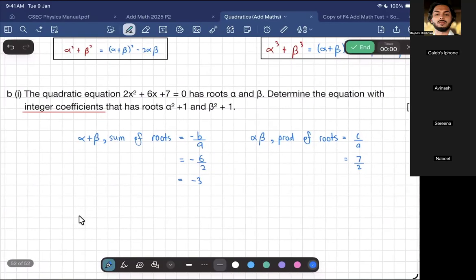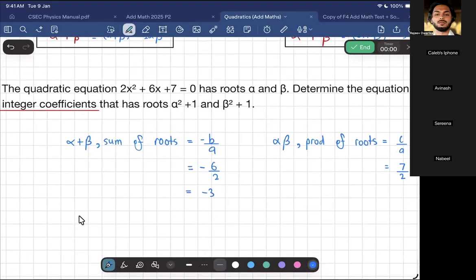But we want to figure out the new equation with different roots. What are the new roots now? What are the other roots? Nabil, when you read this question, what are the new roots?